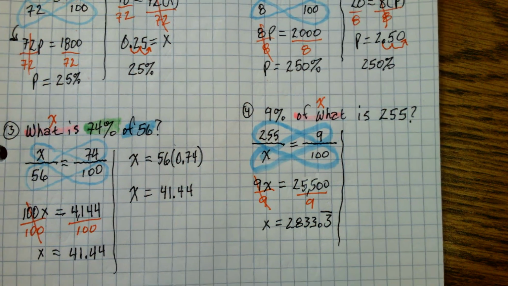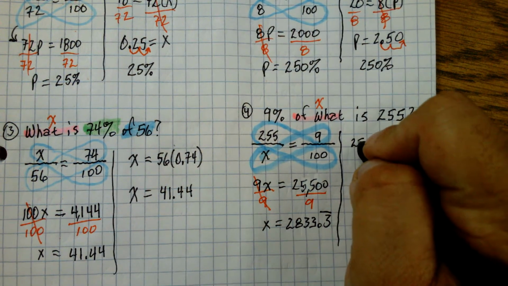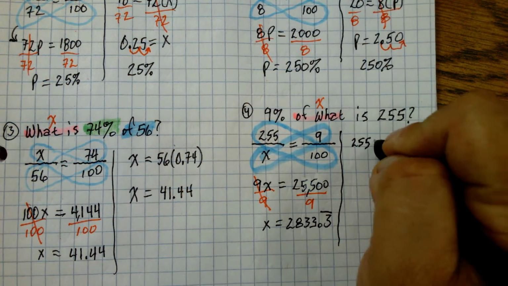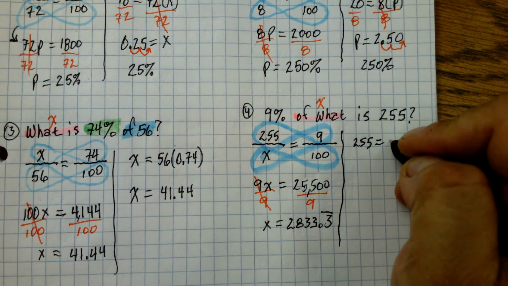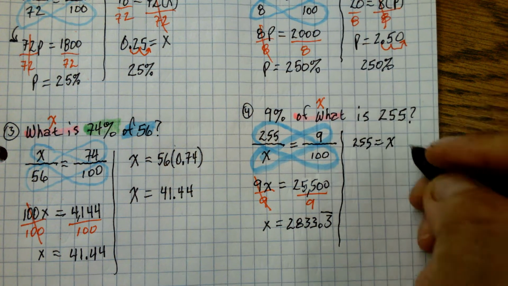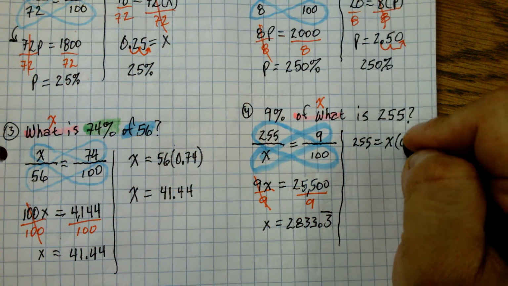So let's set up the percent equation. 255 equals x. X is the whole, that's the part we don't know. And we're going to multiply that by the percent over 100, which is what? Move the decimal in 2 places. 0.09.